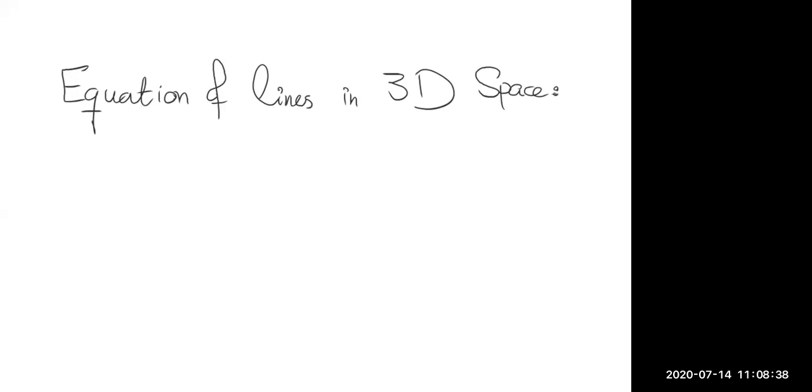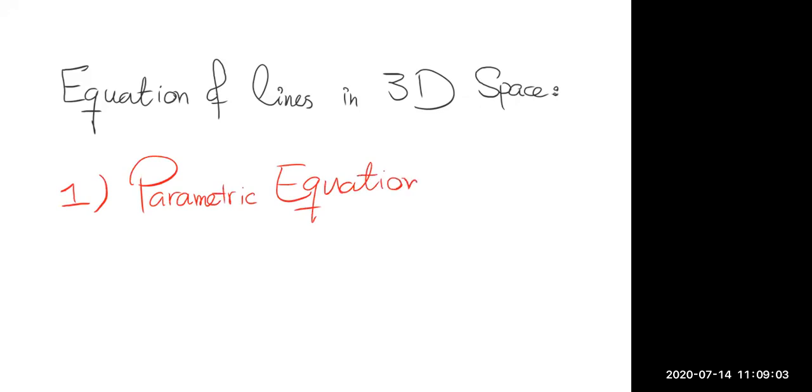Okay, so there are different ways to describe a line inside 3-dimensional space. The first way to do it is called a parametric equation or parametric way. So the first topic is parametric equations of a line in space, in 3D space.